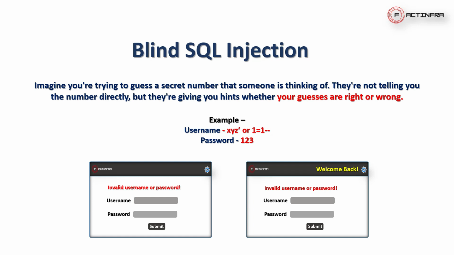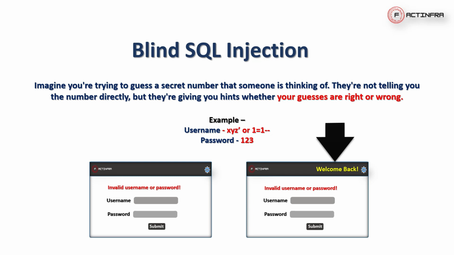But in the second scenario, we are injecting again, and if this web application is vulnerable to blind SQL injection, then of course the credential is not right, but you can see the welcome back message.